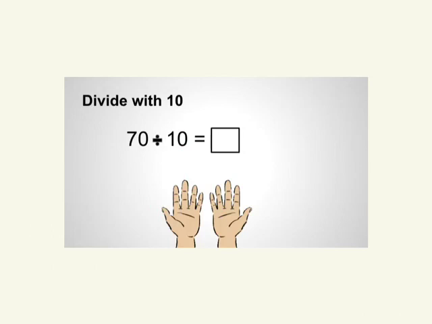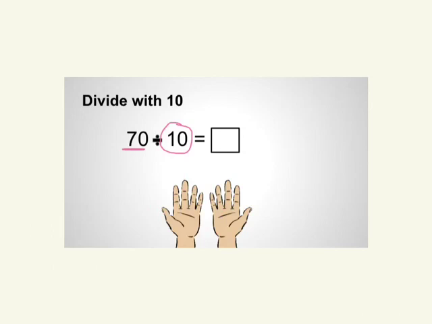All right, 70 divided by 10. I'll get you started, but I want you to solve this one by yourself. We know that we have groups of 10, so we're going to count by tens until we get to what number? What's our total? That's right, 70.